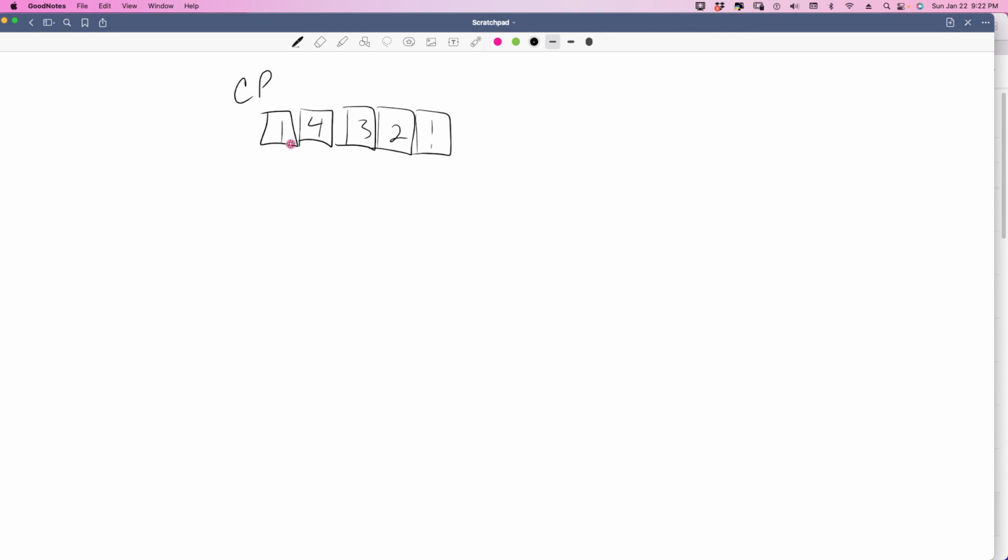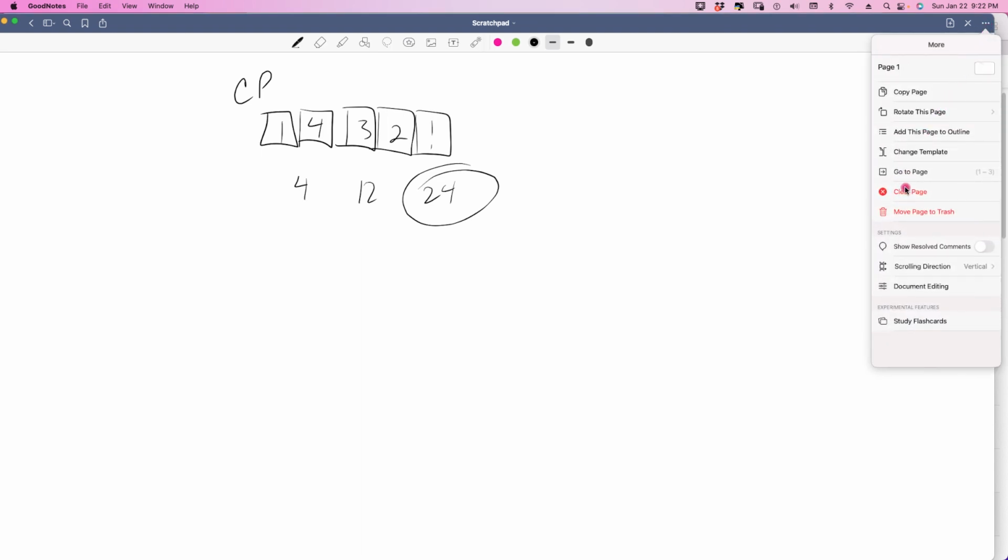So then this would be 4 times 3 would be 12, times 2 would be 24. This would be 1. So that would be 24, would be the permutation there. So let's do that with 6 things. Actually, let's just go ahead and do our first example problem because it is 6 things.